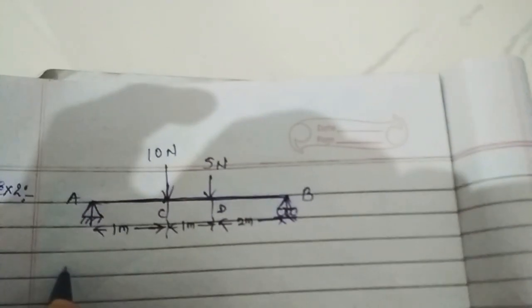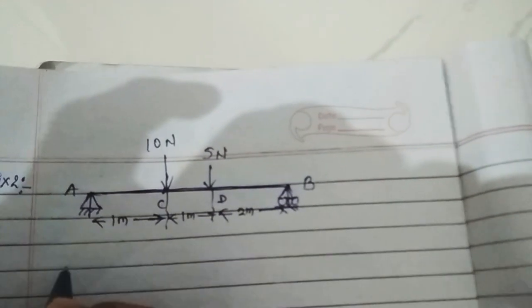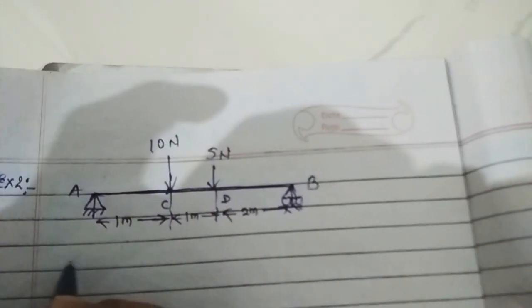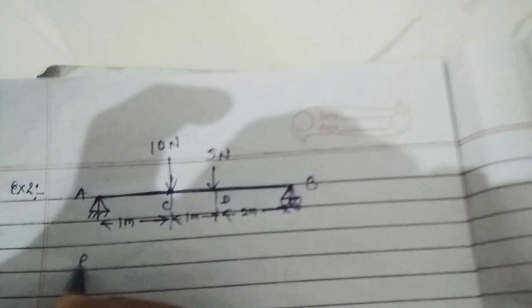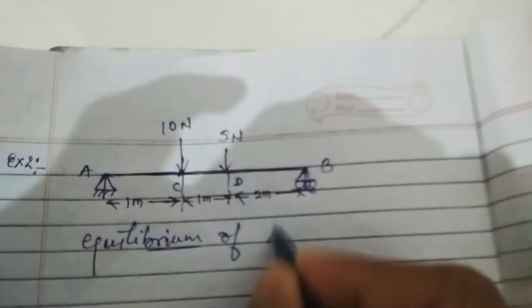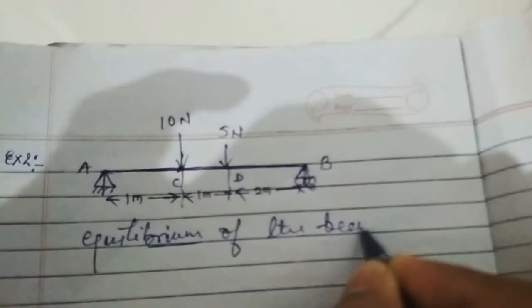For that purpose we have to apply the concept of equilibrium of the beam. These are the conditions for equilibrium of the beam. This is a coplanar non-concurrent force system, right?